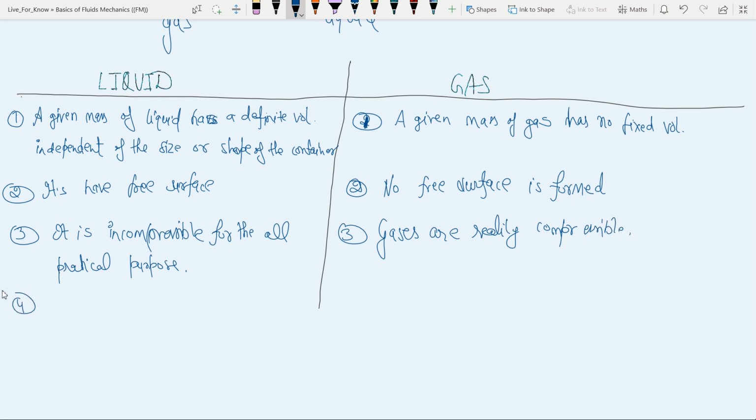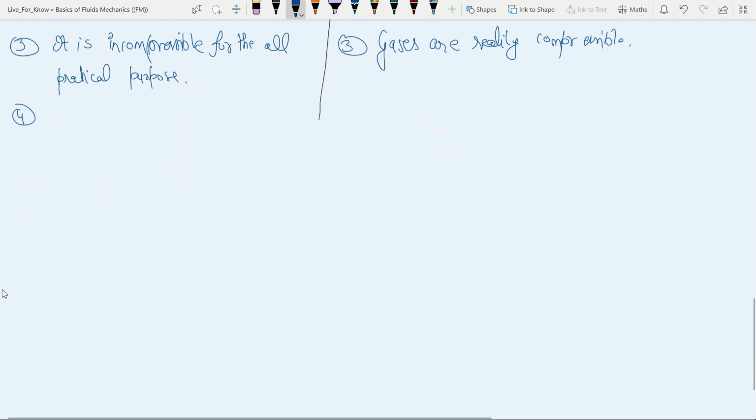Point four of liquid: pressure and temperature changes have practically no effect on the volume of a liquid.